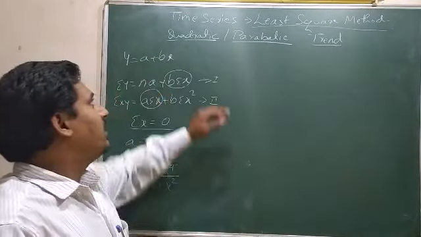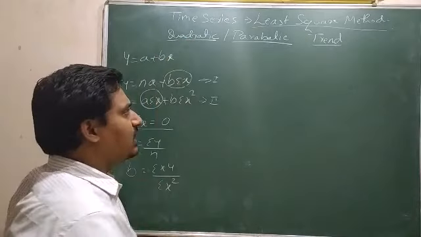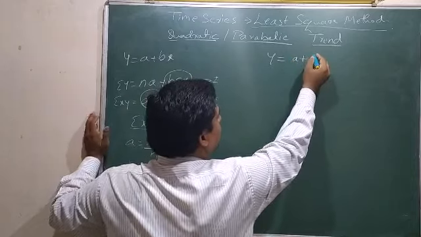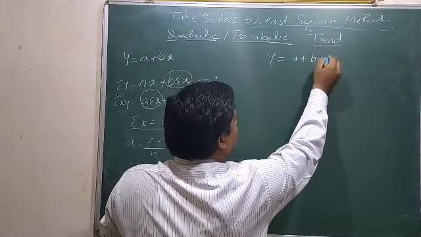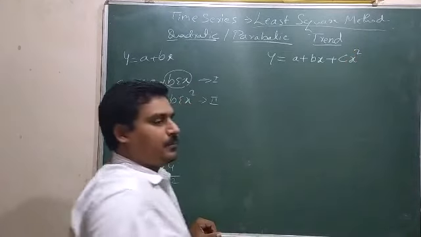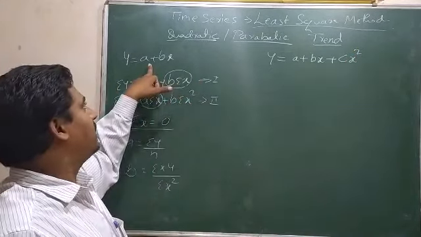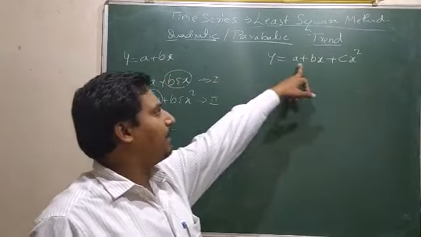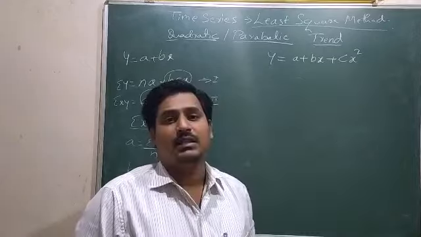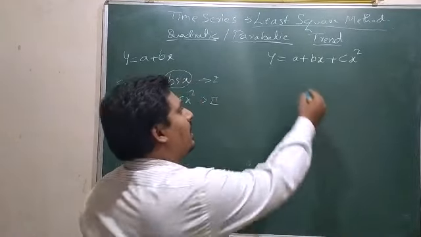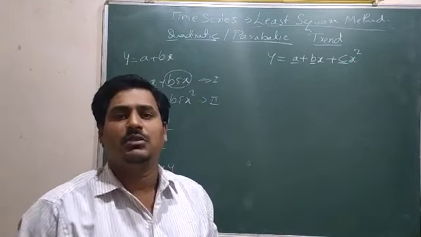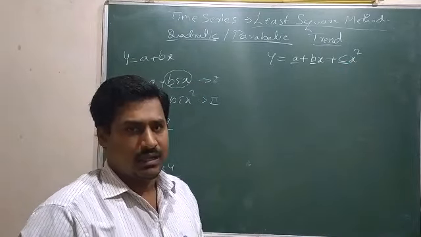And in the same way, we have an equation for quadratic trend, that is y is equal to a plus bx plus cx square. If you read this, it is similar to the straight line trend, a plus bx, and one more term, cx square, where a, b and c are three constant values in parabolic trend.